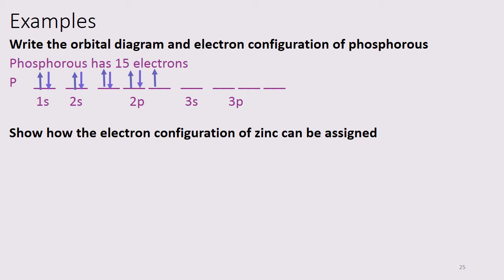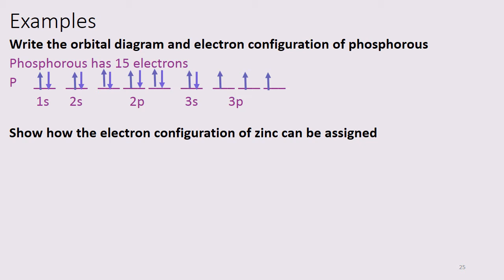So then 8, 9, 10, and now the 2p subshell is filled. 11. Now the 3s only has one orbital, so we're going to fill that one up, 12. And then again, the 3p's will also do the same thing that the 2p's did. So now we have 12 electrons, 13, 14, 15. And so that's what the phosphorus orbital diagram looks like.